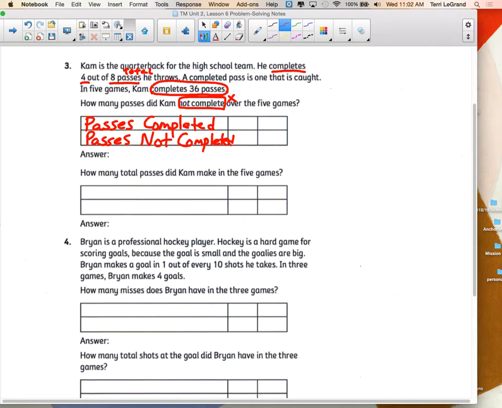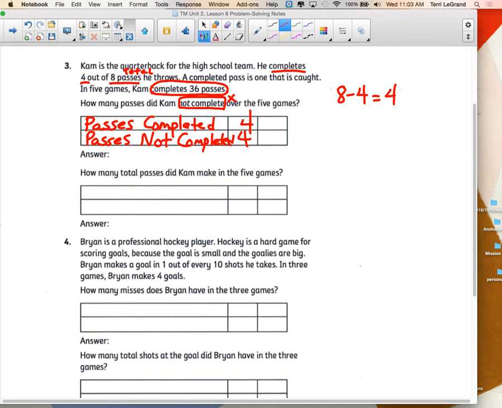Okay, so what could our first ratio be? What can we put in there for the first ratio? How many were completed? 4. Out of how many? So were there 8 not completed then? Oh, don't we have to do an 8 minus 4? 8 passes total. Take away the 4 he made. That means that he did not make 4 of them.